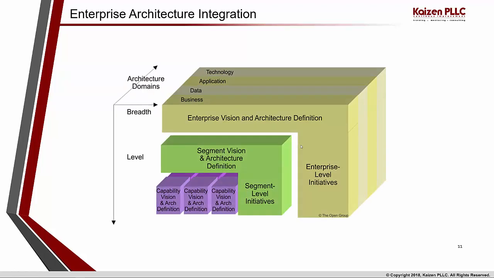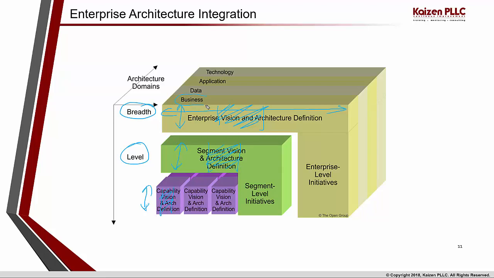And finally, what you see here is what I just summarized. From the breadth, which tells us to what extent you want to consider the architecture work from an enterprise perspective, to what level do you want to be at an enterprise level or at a segment or at a capability level. And then within each of these, how much time do you want to spend?